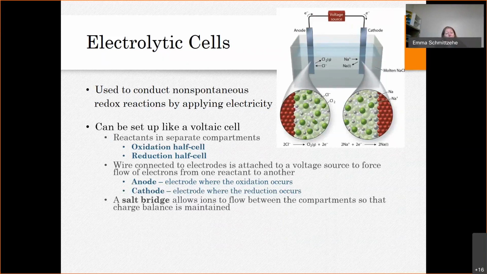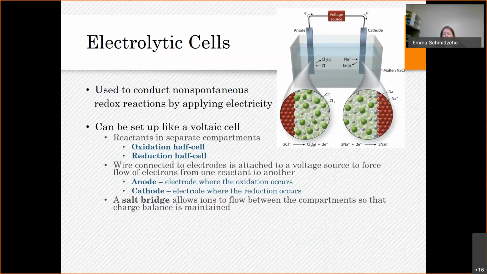And so it applies a voltage to that cell and causes it to go in the non-spontaneous direction, meaning it regenerates all of those reactants for the spontaneous reaction, okay? And then you unplug it and then it starts working again, right? Of course, as it's plugged in, it's working and charging, but we don't need to worry about that.